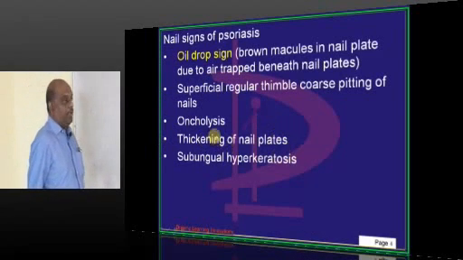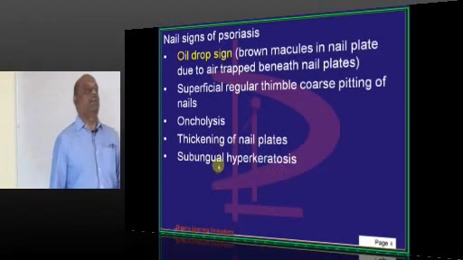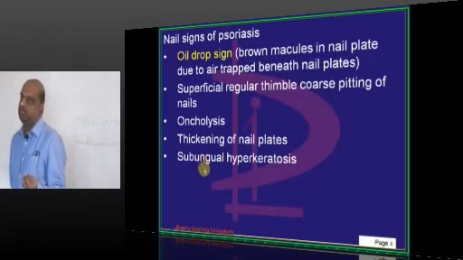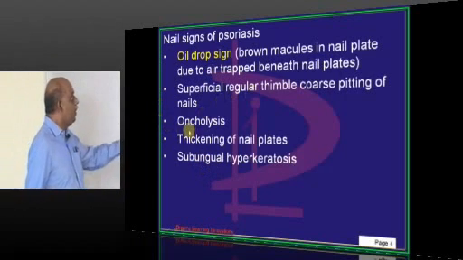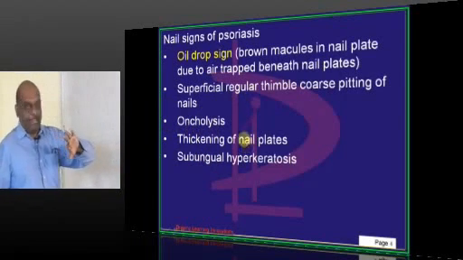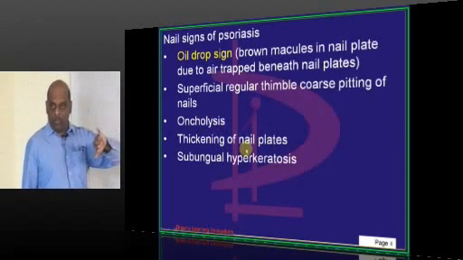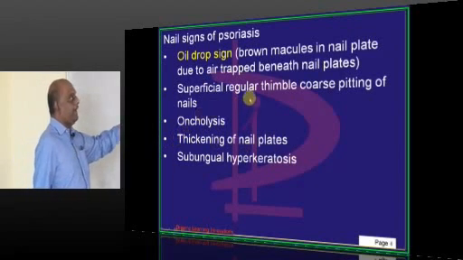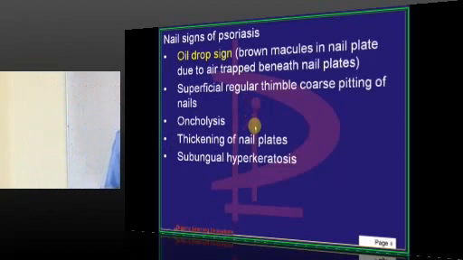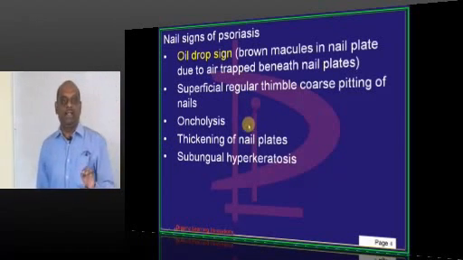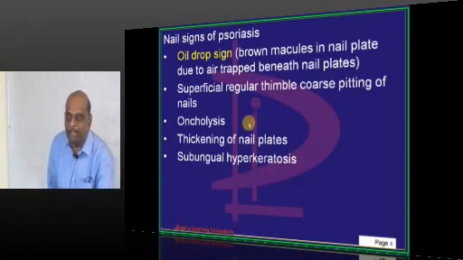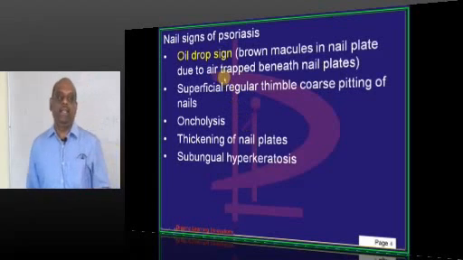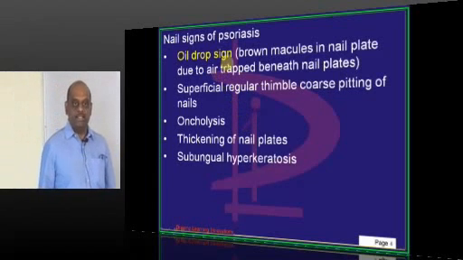And what are the other features of psoriasis? Onycholysis, thickening of nail plates, subungual hyperkeratosis, and thimble pitting. So many times this question was asked. Thimble, coarse pitting of nails, where is it seen? What is your answer, Doctor? Psoriasis.